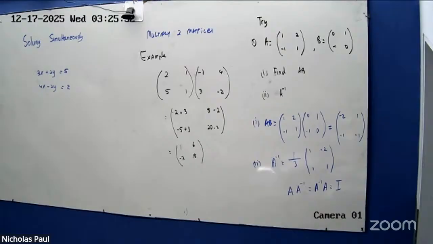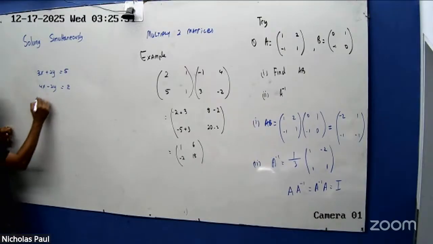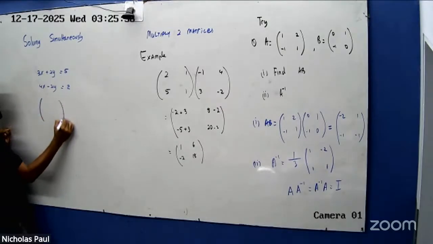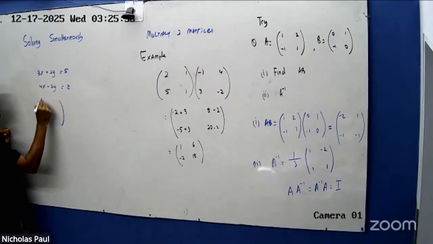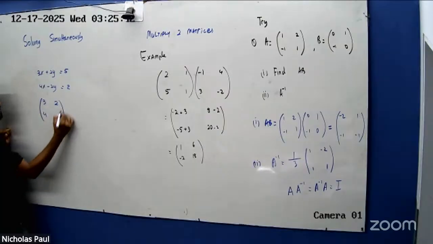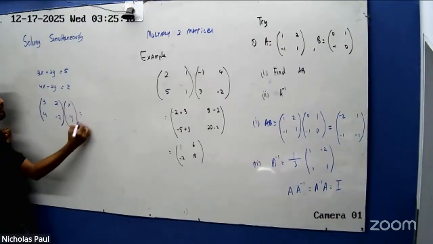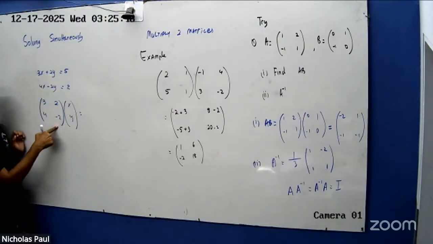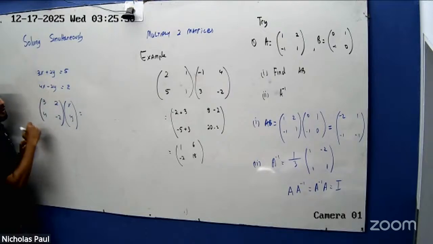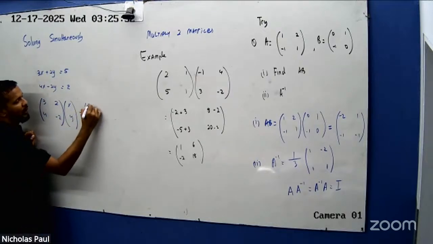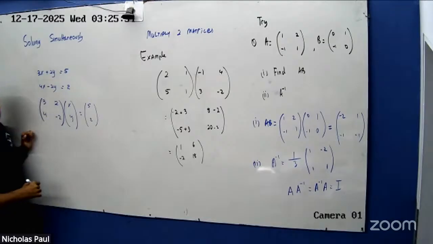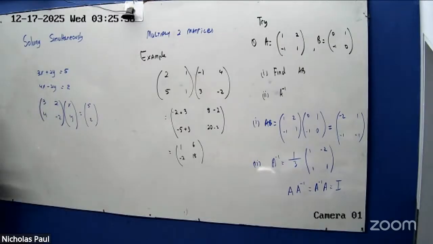All right, so first step, write in matrix form. So you take the coefficients of all the variables, 3, 2, 4, minus 2, and multiply it by x, y. Right? 3, 2, 4, minus 2, and multiply it by the variables here, and make that equal to 5, 2.